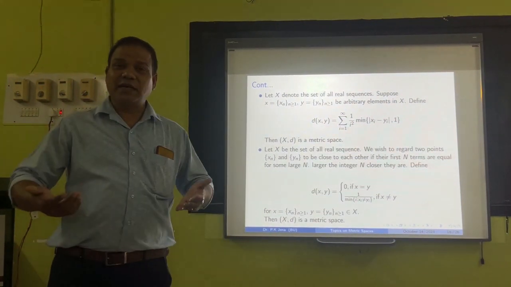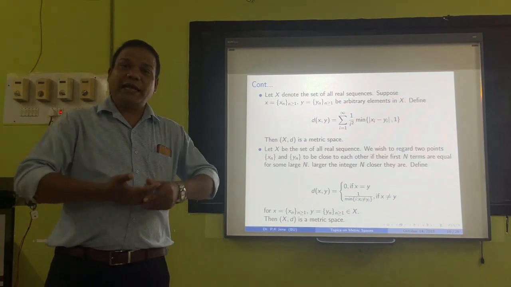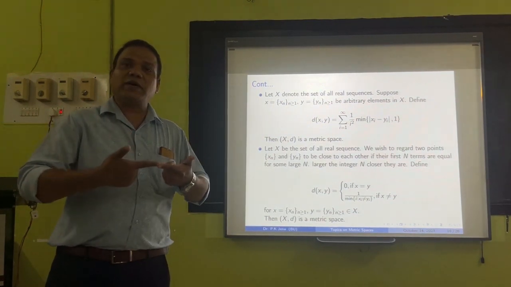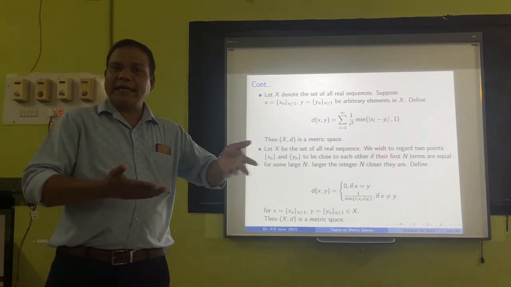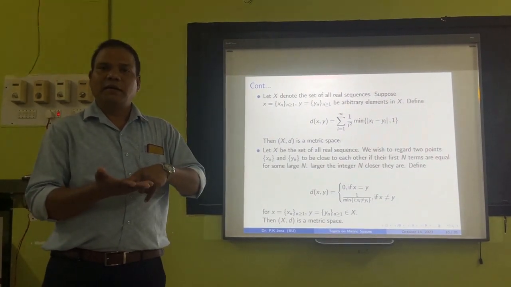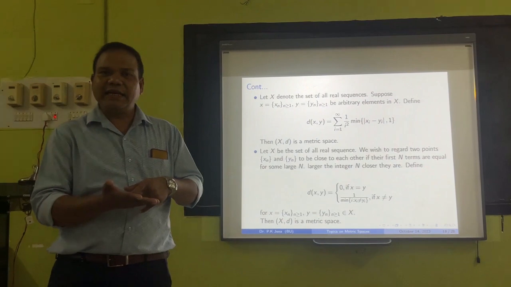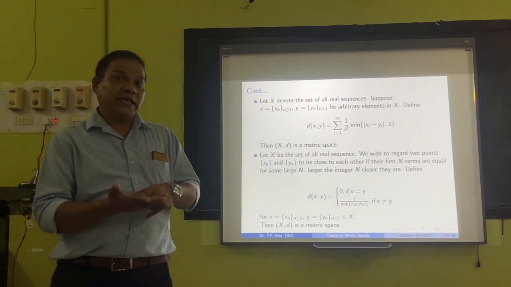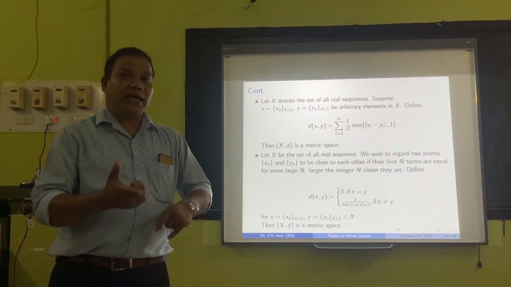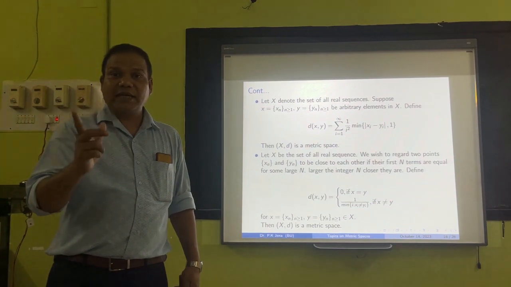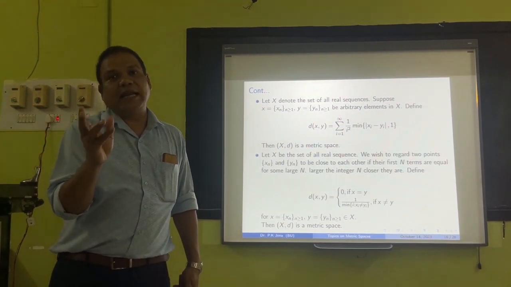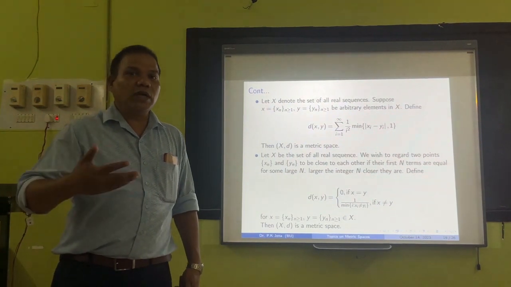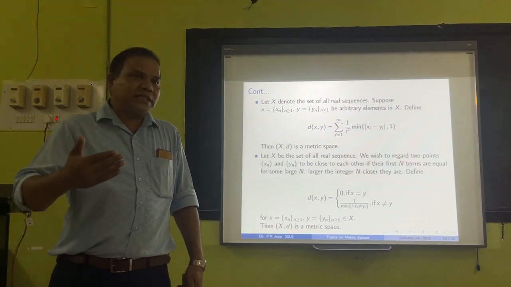So coming to the next example, one thing I want to tell here. In the beginning of the examples, we had considered R, then we came to Rn, then C, then Cn. In Cn, we are considering n-tuple vectors, where the number of elements in the n-tuple vector is n. Slowly, we are considering Lp, the same form.